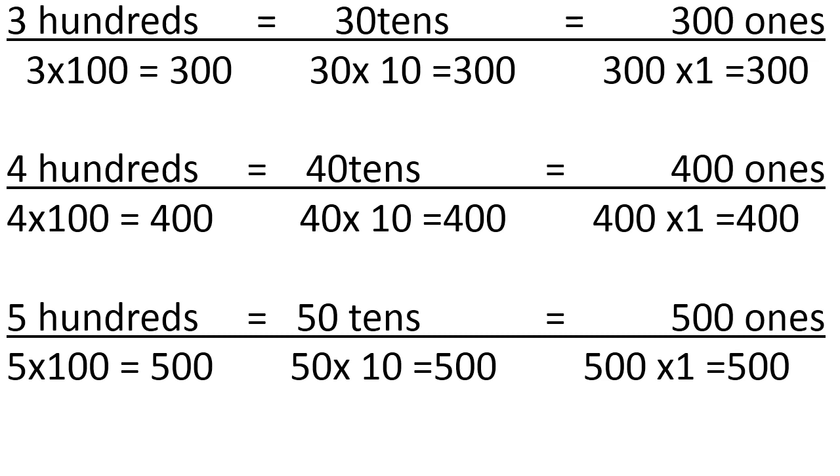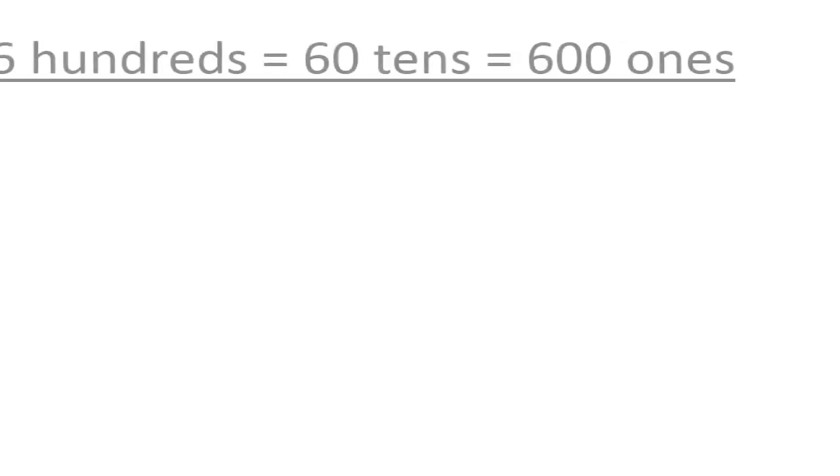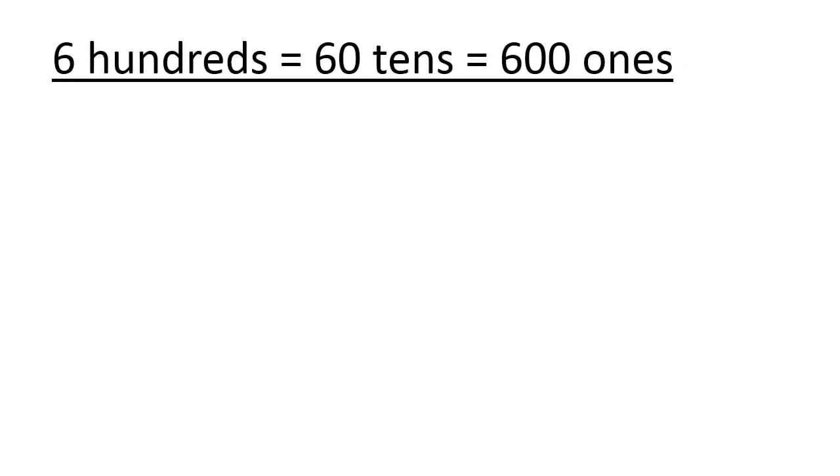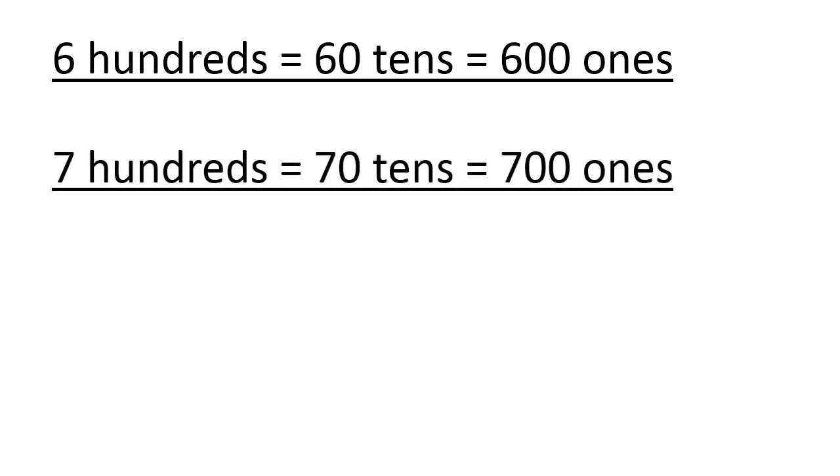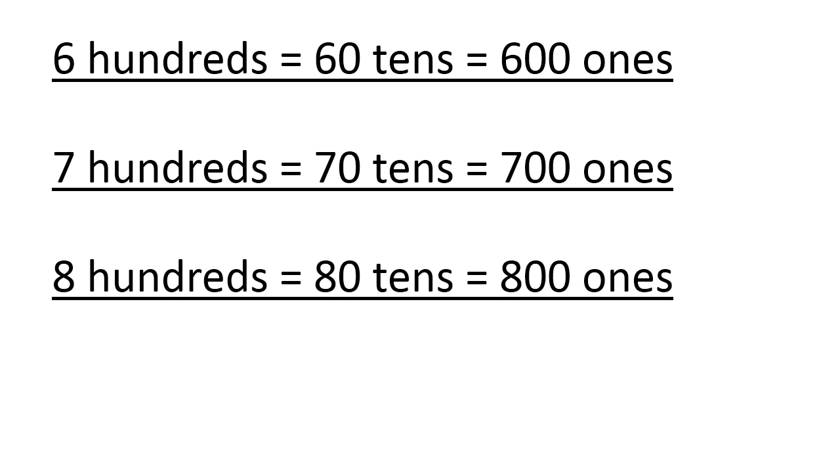So in this way we can make things like this. 6 hundreds. So in tens form, 6 hundreds is equal to 60 tens, and in ones form it is equal to 600 ones. Now 7 hundreds, that is equal to 70 tens, and that is also equal to 700 ones.